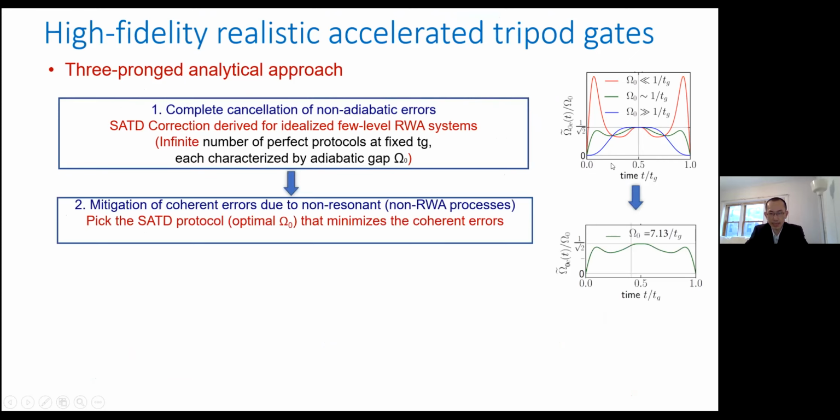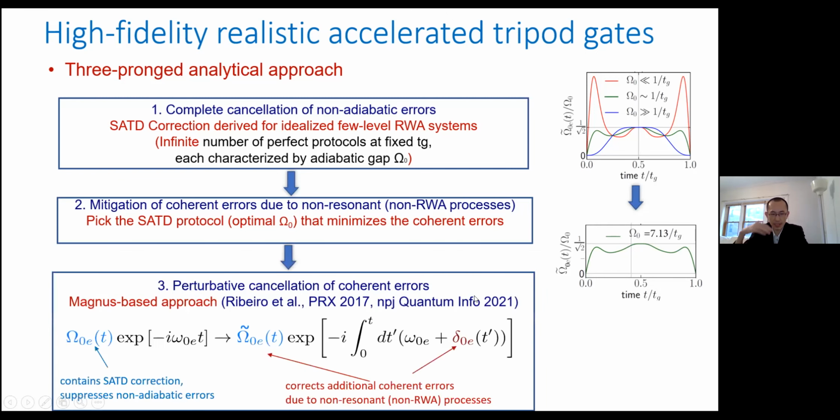And then we can pick the one that optimizes the driving power, which optimizes or minimizes the current errors. And we can further correct for the current errors by using Magnus-based approach. And this Magnus-based approach will tell you analytically how to modify your pulse envelope and also chirp your frequency.